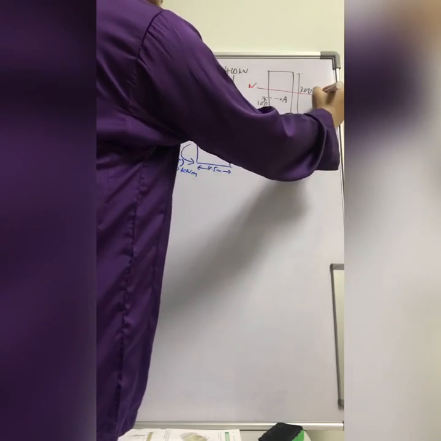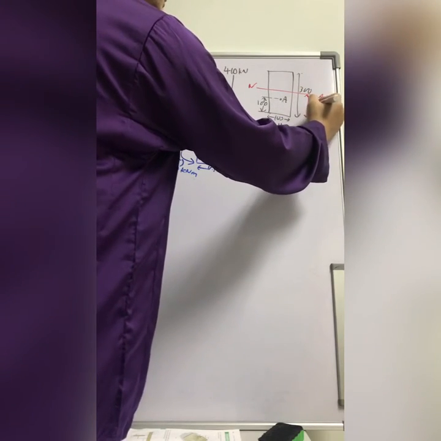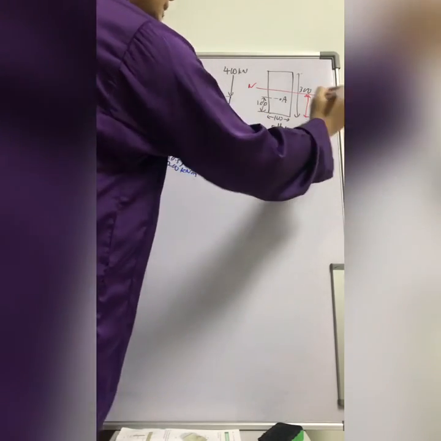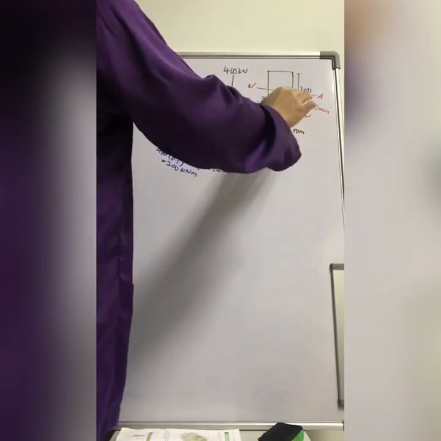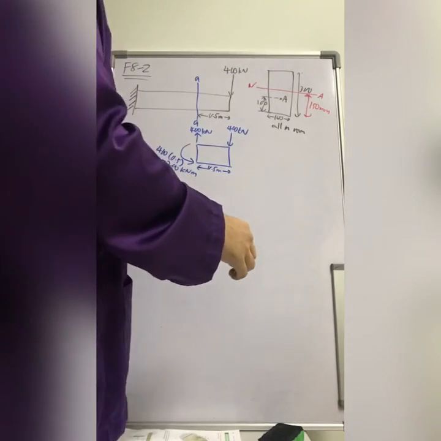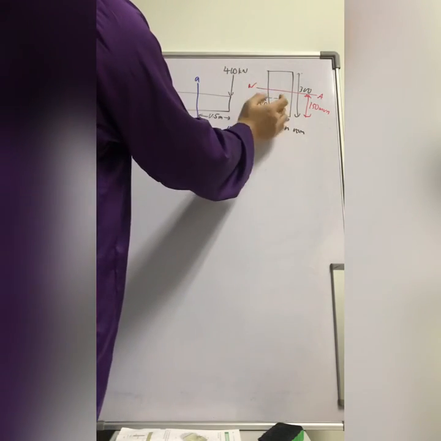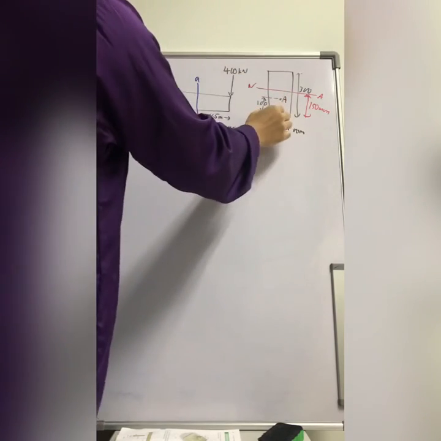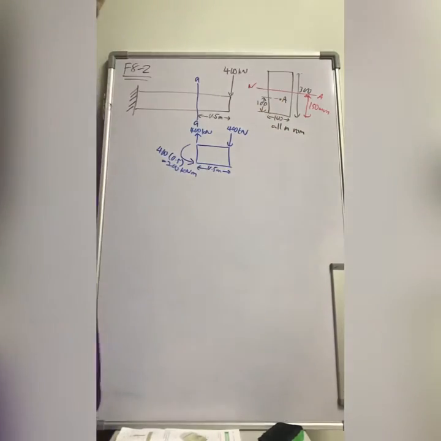You can use a formula, but that's fine. For y and for x, it is 50 and 50, half of that, because this is a rectangle. As simple as that.